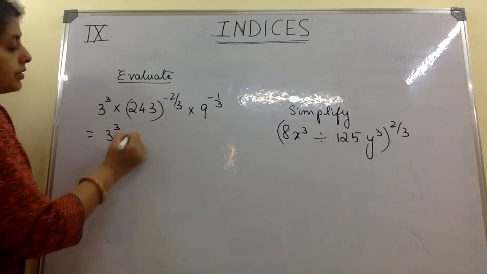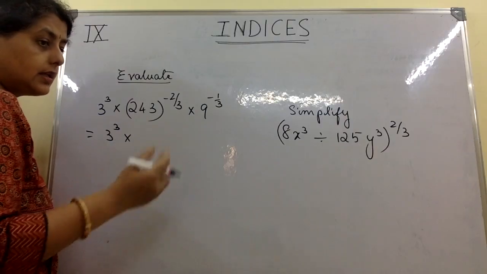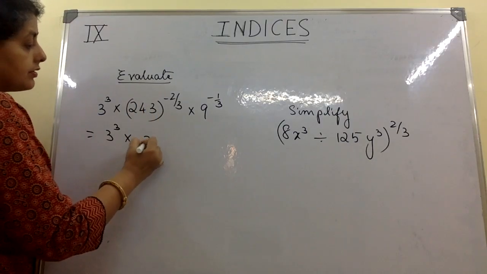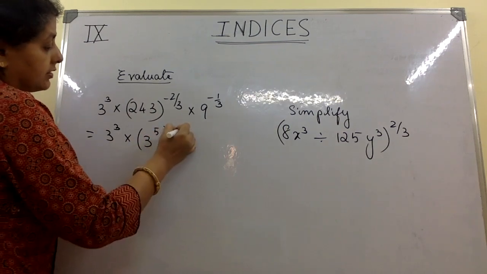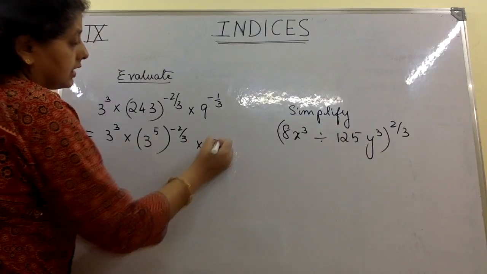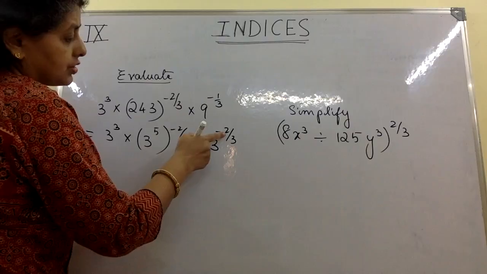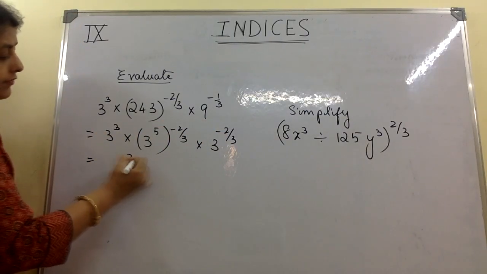So 3 cube into 243: 3 into 3 is 9, 9 into 3 is 27, 27 into 3 is 81, 81 into 3 is 243, so that is 3 to the power 5. Then minus 2 by 3 into 3 to the power minus 2 by 3, because 3 square is 9, so this 2 went here. Everything is to the base 3 now, so it is easy for me.